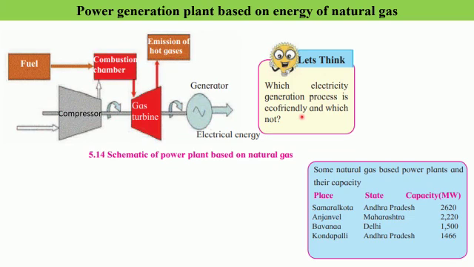And if there is an explosion in a nuclear power plant, it may cause the release of dangerous radiations, which may be very hazardous to the population at large. So those sources of energy or electricity generation which do not cause any harm to the environment are said to be eco-friendly. So let us study about them.